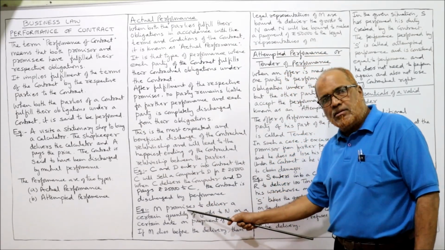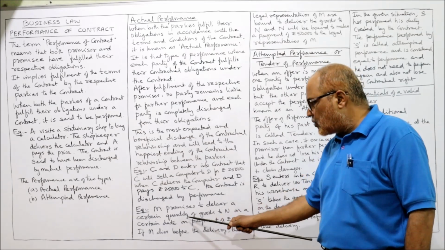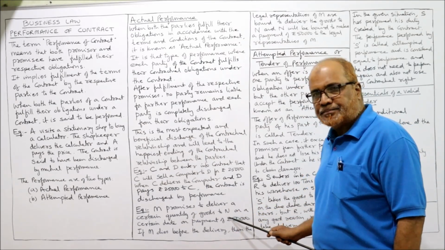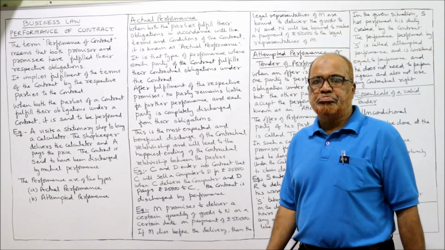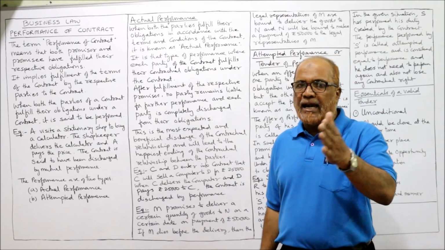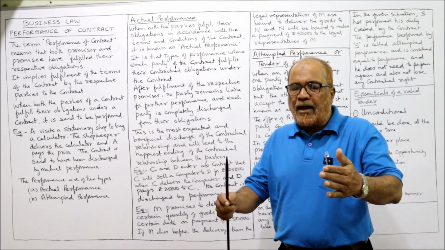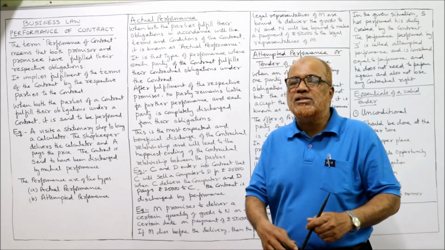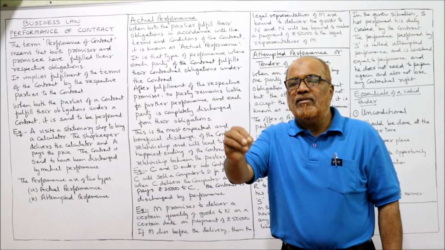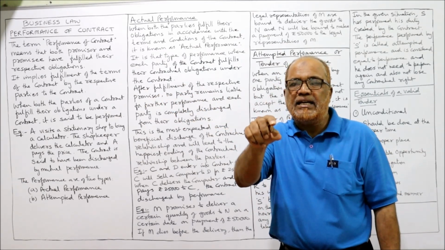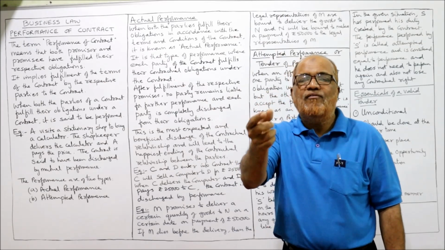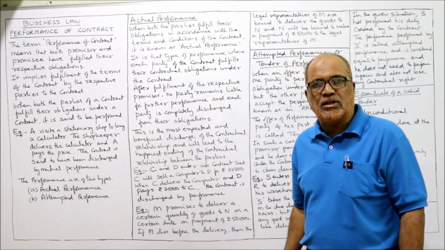One more example I am giving you. M promises to deliver a certain quantity of goods to N on a certain date and on payment of rupees 50,000. The agreement is between M and N. M promises to deliver a certain quantity of goods to N on a certain date at a certain place for rupees 50,000.